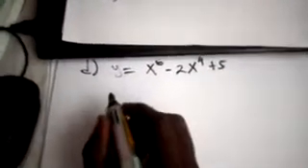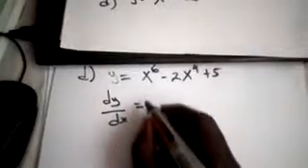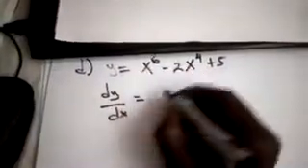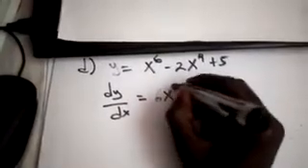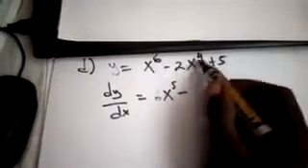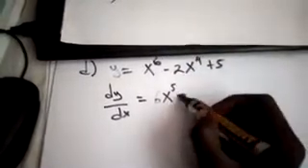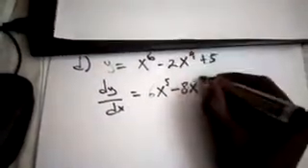So here I'm going to differentiate, dy/dx is going to become, this is power 6, so multiply by the power, that is 6x, reduce the power by 1, power 5, minus, multiply by the power, it becomes 8, but with a negative, so it's negative 8x, then reduce the power by 1, so it becomes 3, plus a constant, so that is the derivative of such a function.